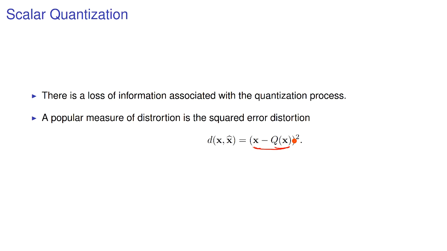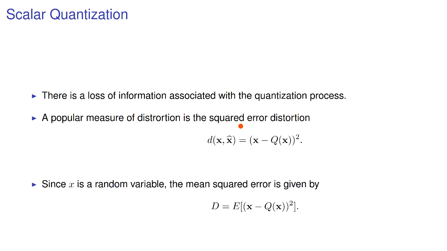Because the input is random, this is also random. So in order to measure it, people calculate the expected value of this. The mean squared error is called distortion. This is a measure of how much the signal is distorted, and we want to make it smaller.